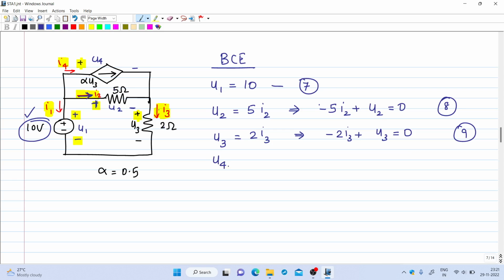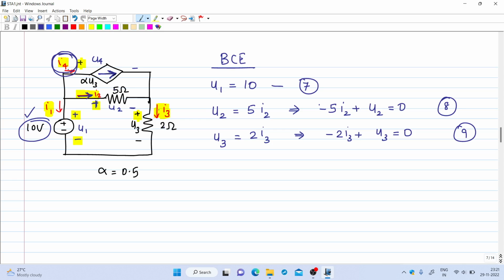And coming to the last one, U4: we cannot directly write an expression for U4, because this is a current source. So based on the nature of the element, we have to write an equation. The current is given in the question as alpha U3, and that current is nothing but I4.